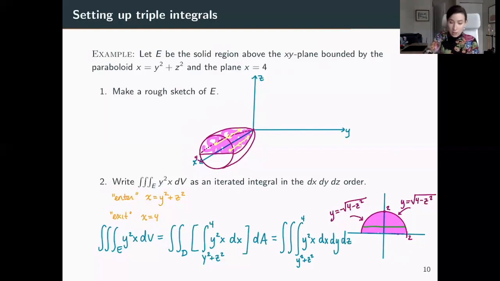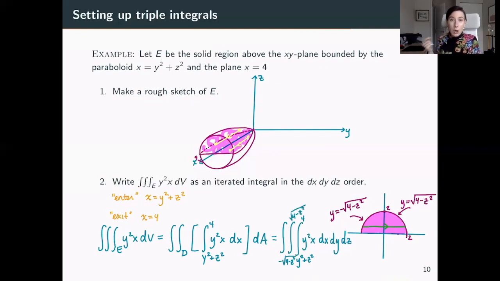Our y's are going to be changing from this side, so our negative square root, over to that positive square root. So there we have that our limits of integration will have the negative square root of 4 minus z squared, and then positive square root of 4 minus z squared.